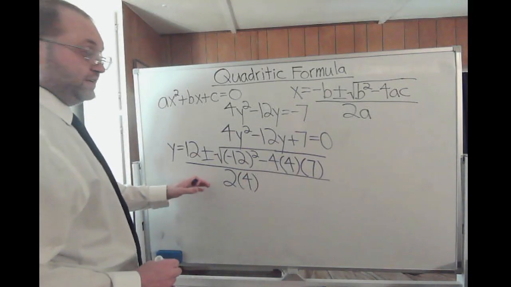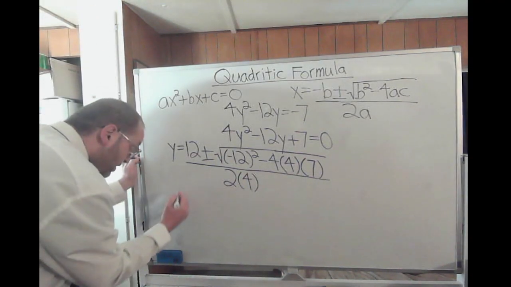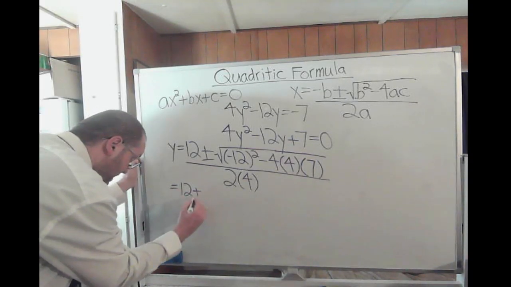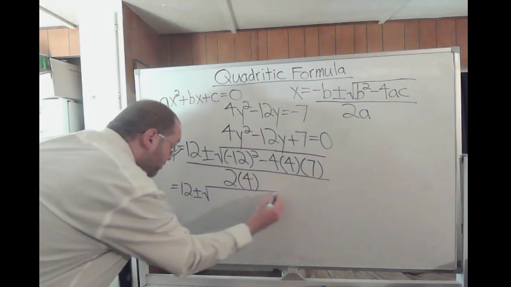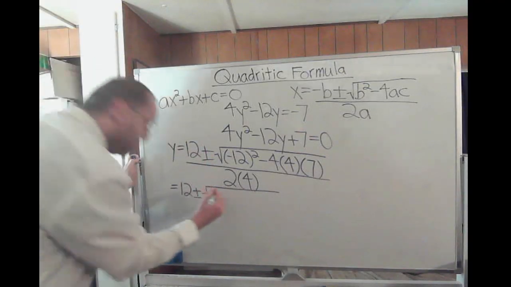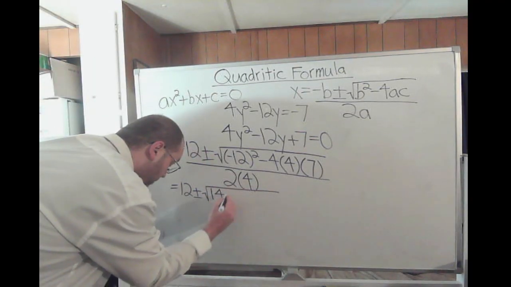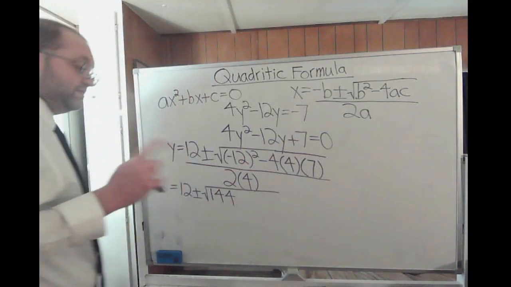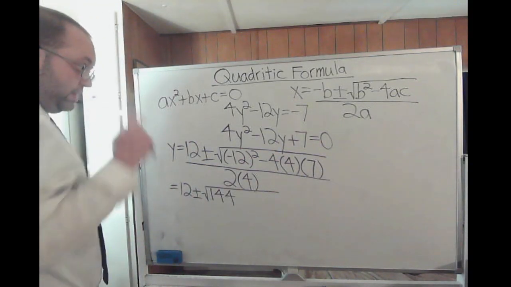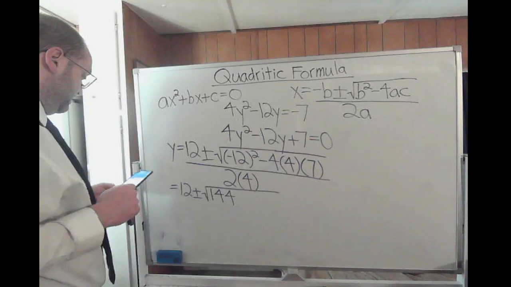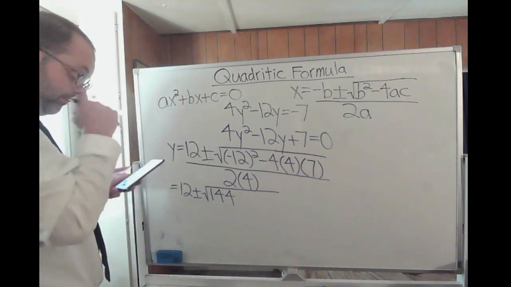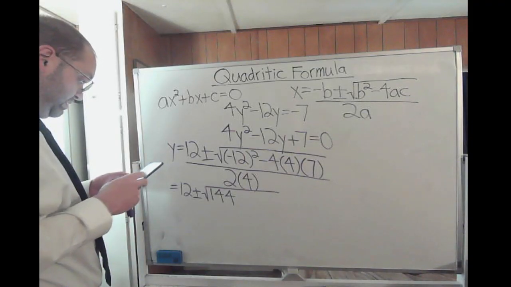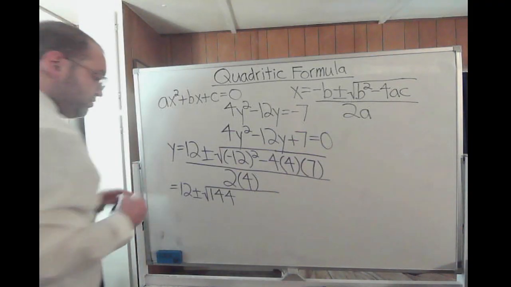So this one's definitely not so pretty. Which will simplify into 12 plus and minus the square root of negative 12 to the second, that's positive 144. Then you got negative 4 times 4 is negative 16. Then you have negative 16 times 7. Let's go ahead and take that here. That'd be negative 112.